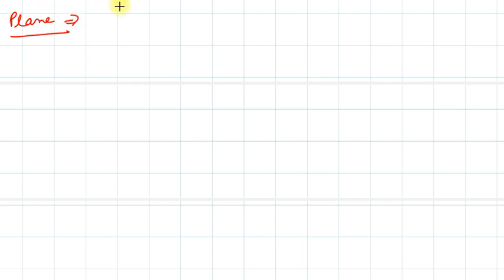You have noticed a lot of flat surfaces in our daily life, like the top of a table, the surface of a wall, a face of the blackboard, or all the flat surfaces. So what do we say in mathematics when we say a plane?